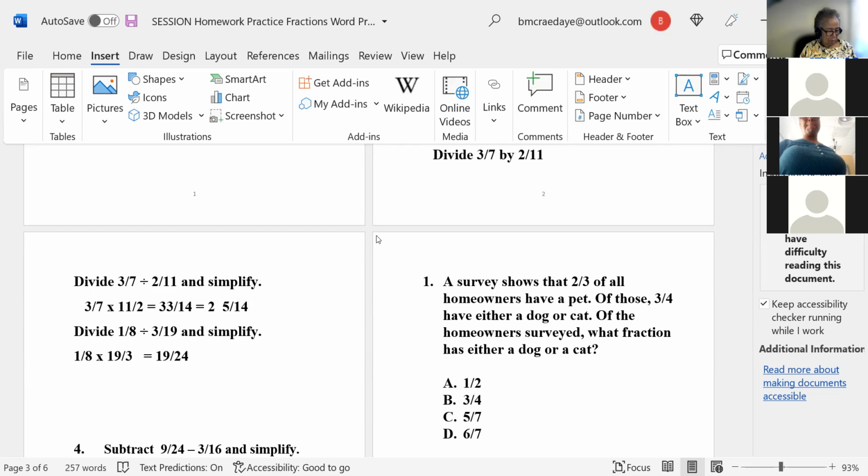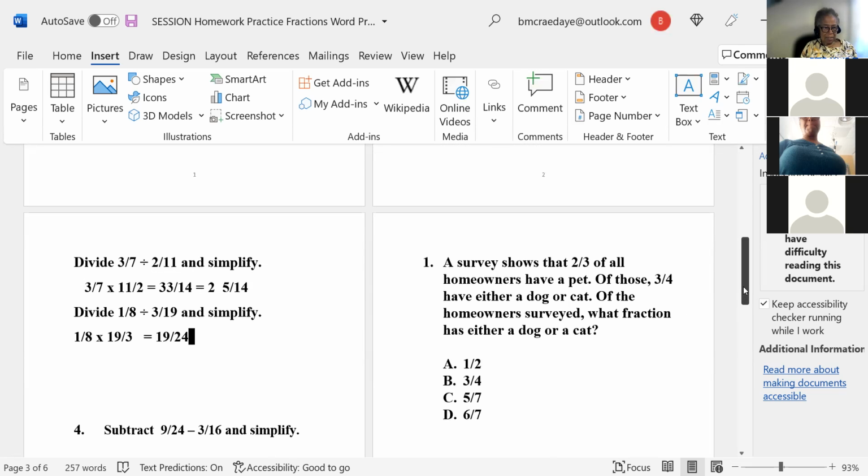Mercedes, you had that one incorrect. It's 9/24 minus 3/16. Subtract and simplify.